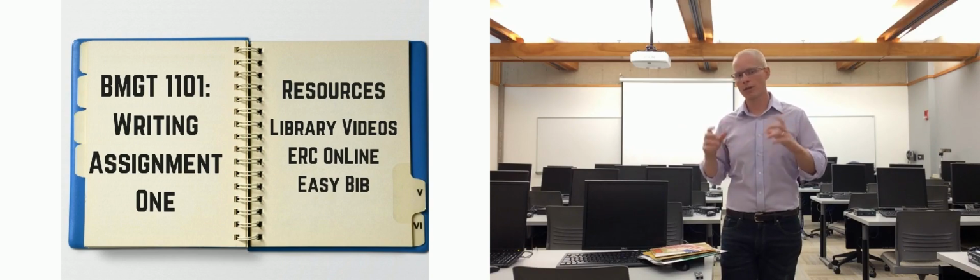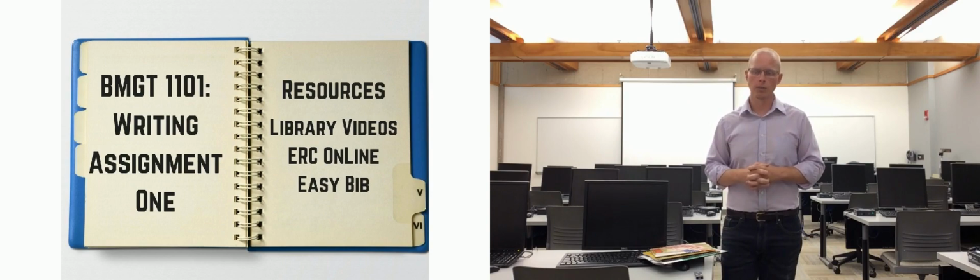And so from that standpoint, you're going to have a lot of information that you can use, but also narrow down and condense so you're using the best information to make your points. And lastly, when you look at EasyBib, from a citation, from a reference standpoint, we want you to be able to use those references in the right format and the right manner, and EasyBib is a great resource for that.